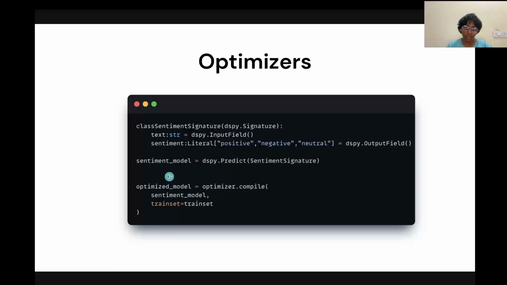So inside, we'll give it the sentiment model and the training dataset for the optimized model to learn. Now, DSPy's compile helps in finding the best performing prompt and then using it for future question answering or reasoning tasks. And for that, we'll be giving the sentiment model, the signature, and the dataset that we talked about, the train set.